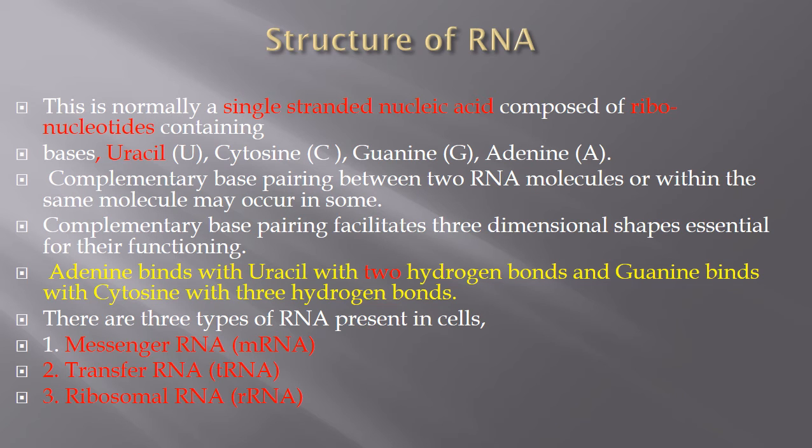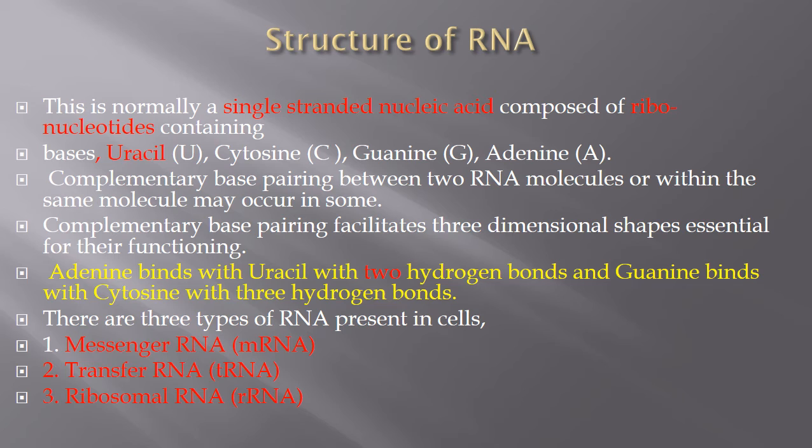Now we come to the RNA. Usually RNAs are single-stranded molecules composed of ribonucleotides, and they contain the bases uracil, cytosine, guanine and adenine. Usually they are single strands, but complementary base pairing may occur between two RNA molecules or within the same molecule.